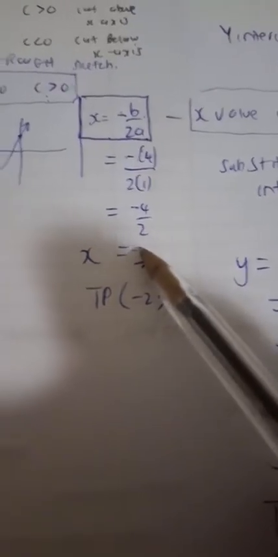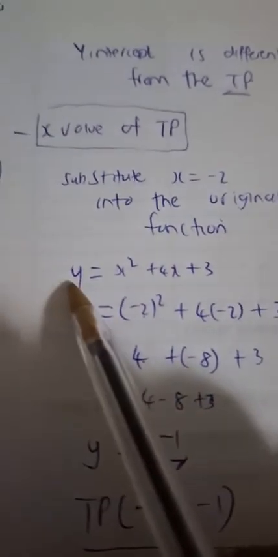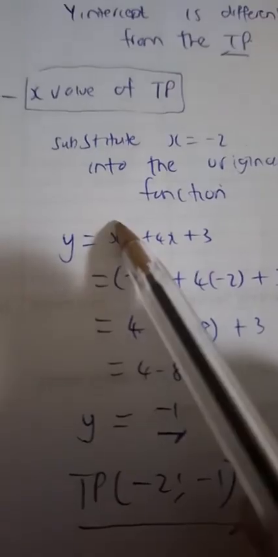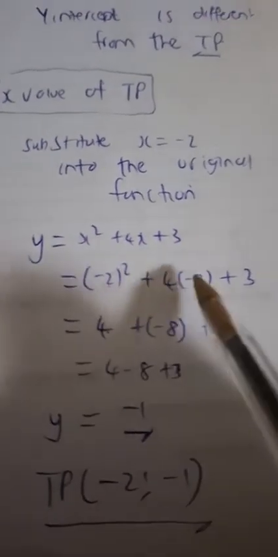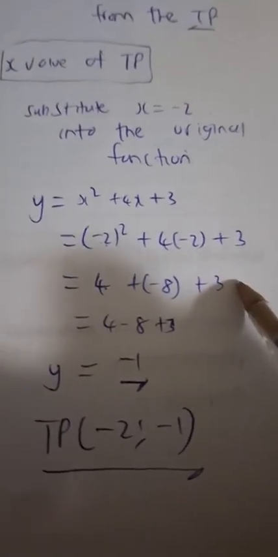After getting that x coordinate of the turning point, we substitute it back into the original function. There's the original function. We take the -2 and substitute it in the place of x, using brackets, please, and then we simplify.